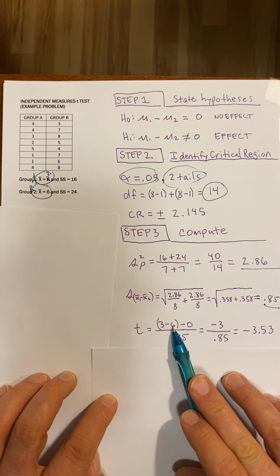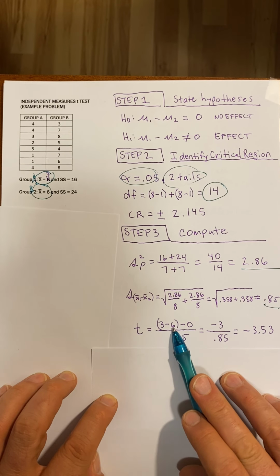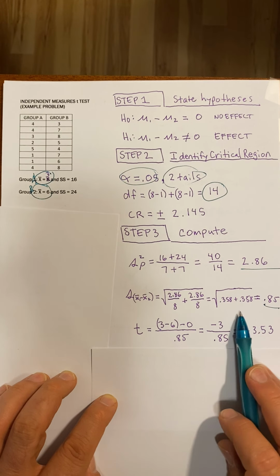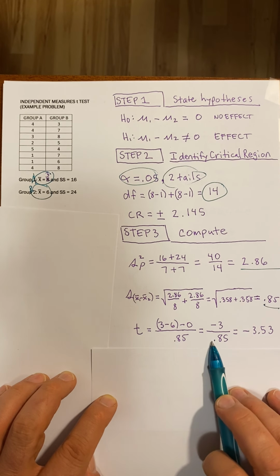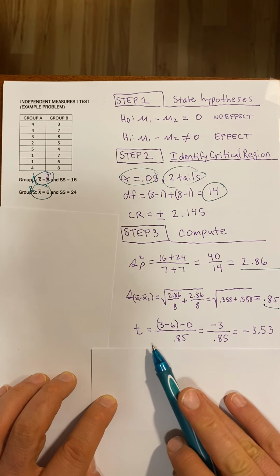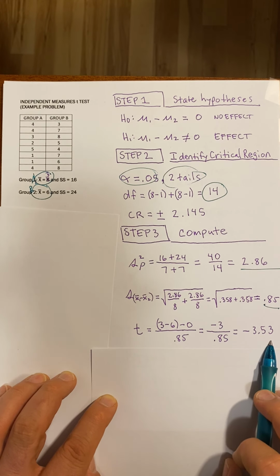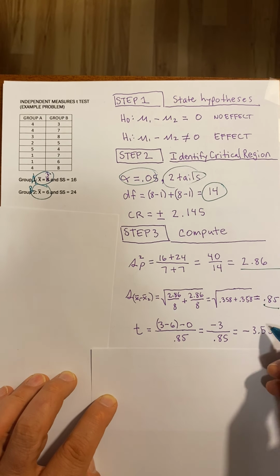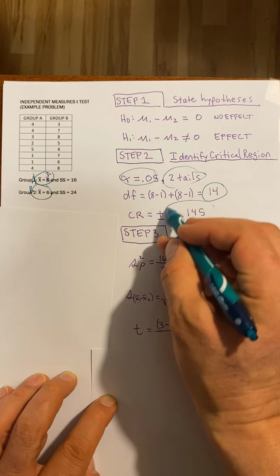So actually what you have here is your x bar 1 minus your x bar 2 minus 0 over your standard error, which is 0.85, gives you a negative 3 over 0.85, which gives you a t value of negative 3.53.